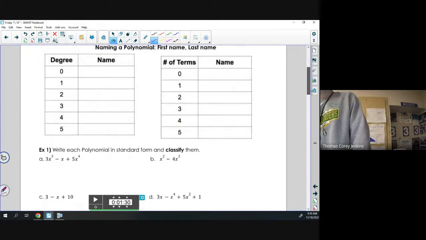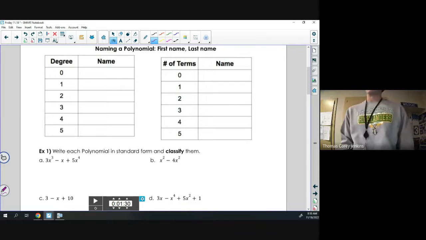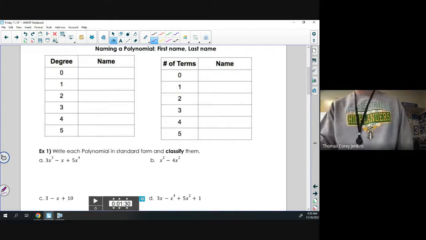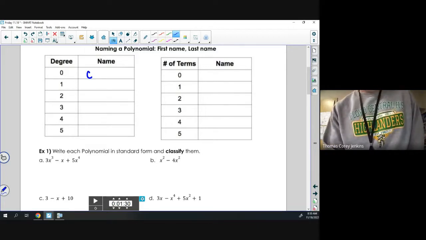All right, so we will go ahead and get into the naming part. That's part of our learning target. So we basically name by degree and then number of terms. Let's go ahead and fill out this chart. If something is 0 degree, then that's called a constant term.